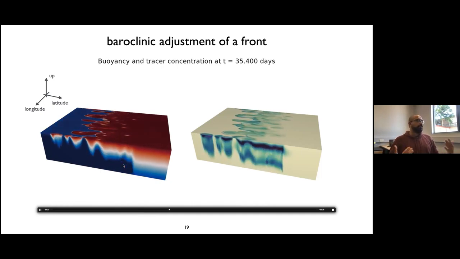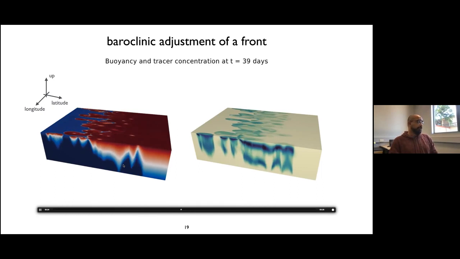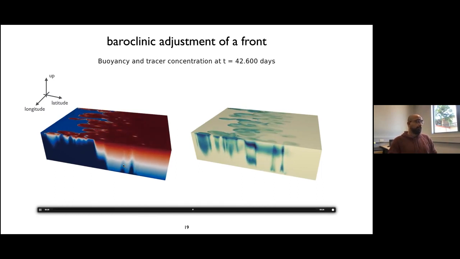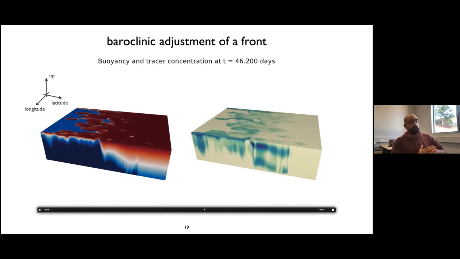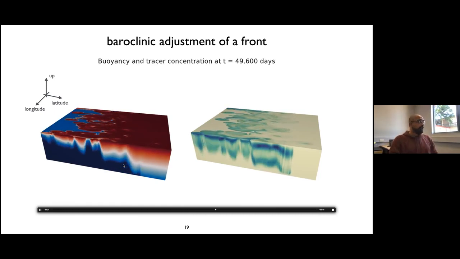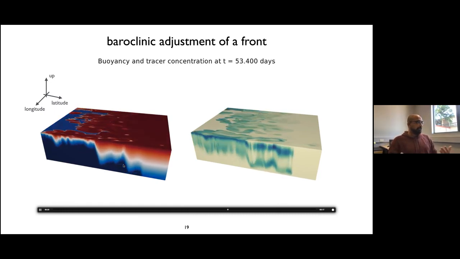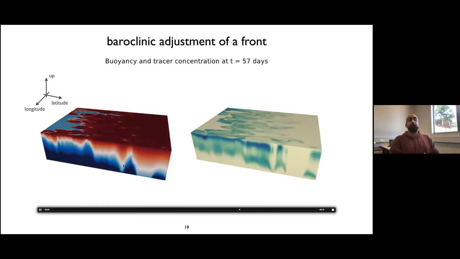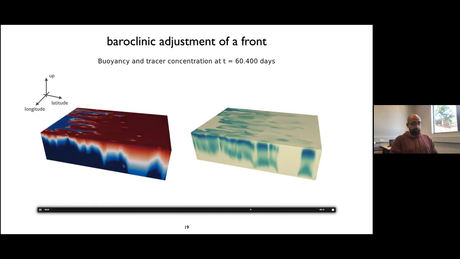So this is what the parameterization should try to encapsulate. Somehow the eddies made the isopycnals slump, so that's what ideally we want our parameterization to be able to capture.